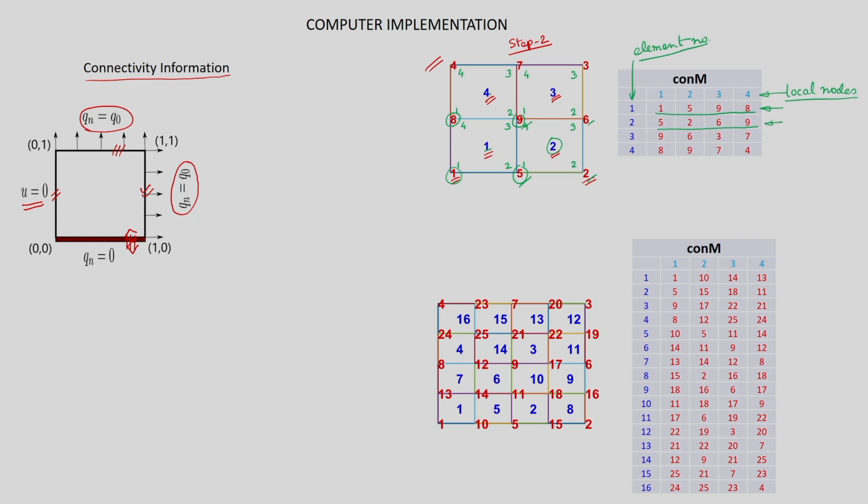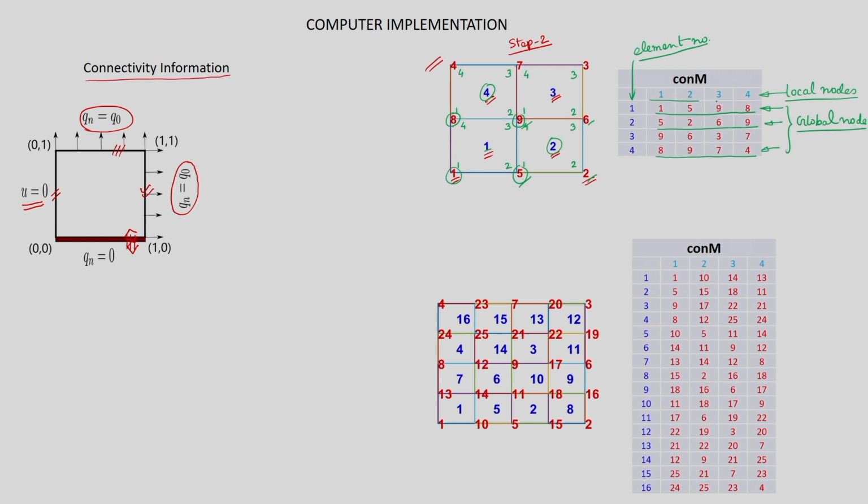If you look at element 4, the local 1, 2, 3, 4 correspond to 8, 9, 7 and 4. That is how it is arranged. These are global node numbers, just note them down.